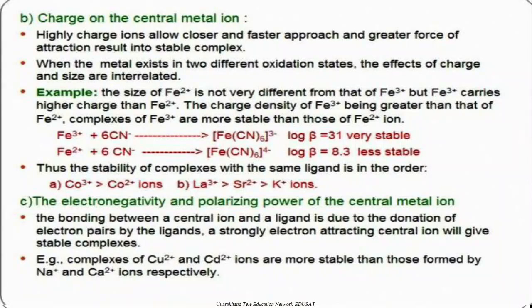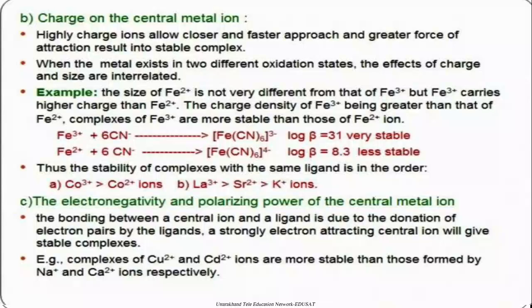For example, the size of Fe2+ is not very different from Fe3+, but Fe3+ carries higher charge than Fe2+. The charge density of Fe3+ is greater than that of Fe2+.